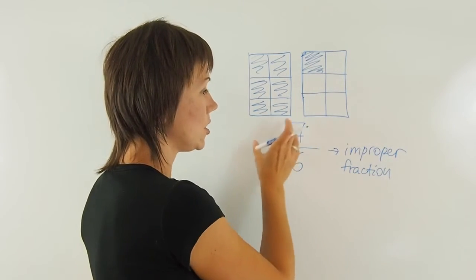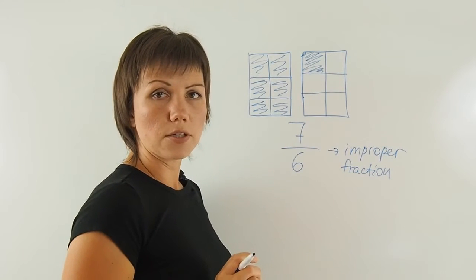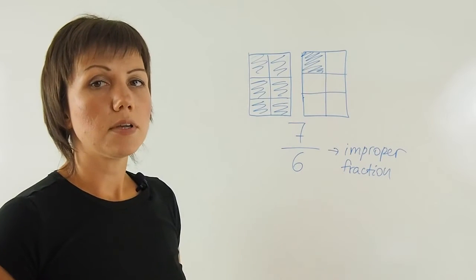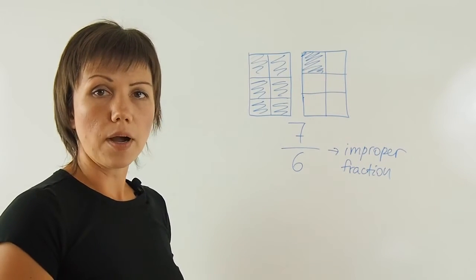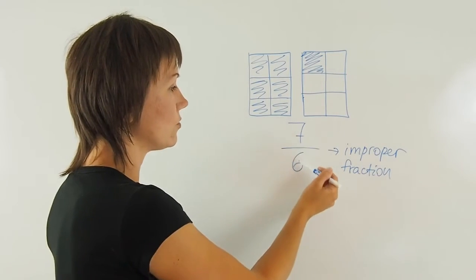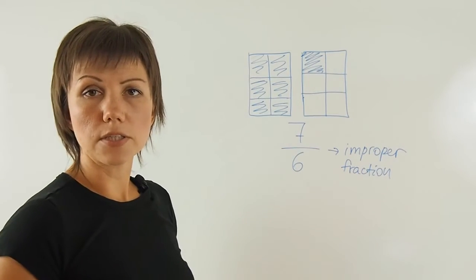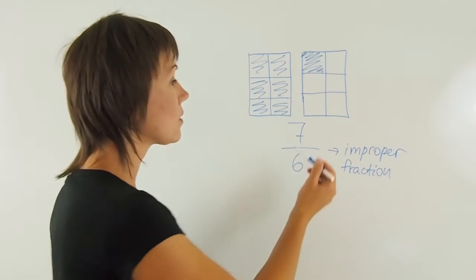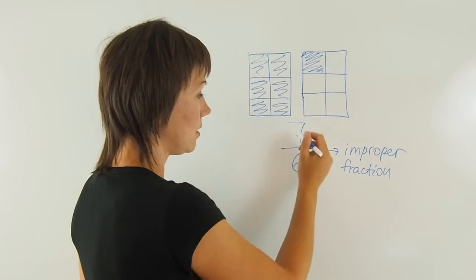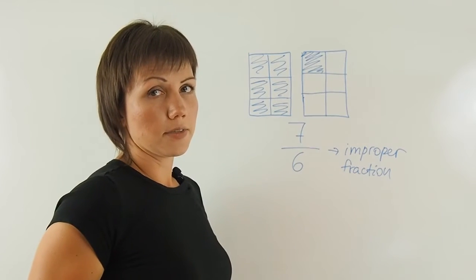We can change the improper fraction into a mixed number. A mixed number is a number that contains a whole part and a fraction part. In order for us to represent this improper fraction as a mixed number, we need to divide 7 by 6. It doesn't really divide evenly.